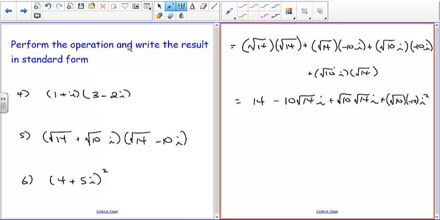So I take these two and multiply them together. So i squared is negative 1. I'm not going to simplify these things. So you're going to replace i squared with negative 1.